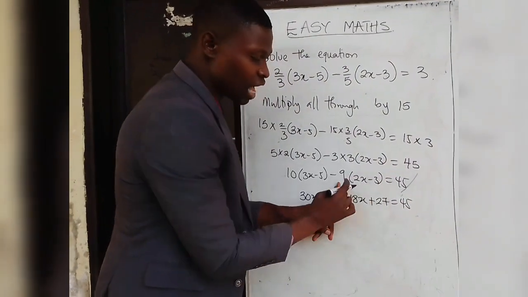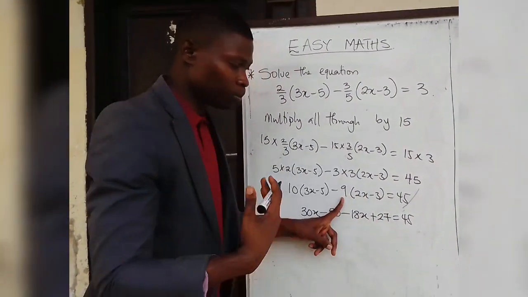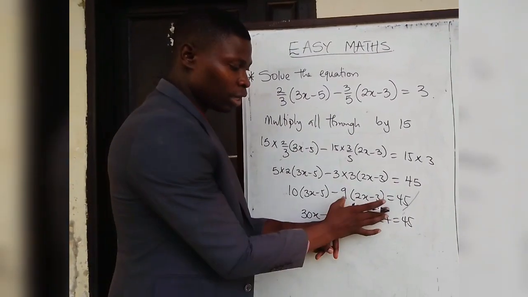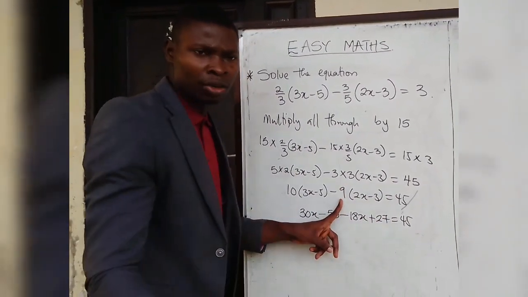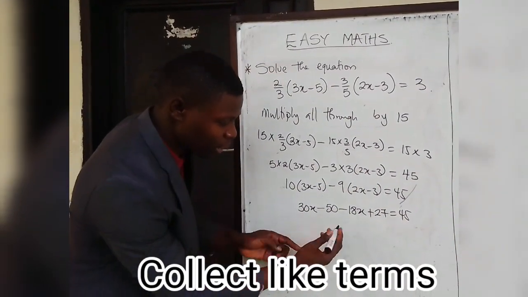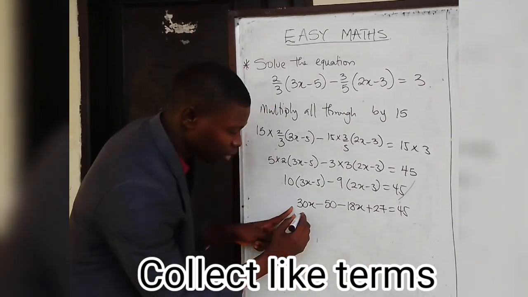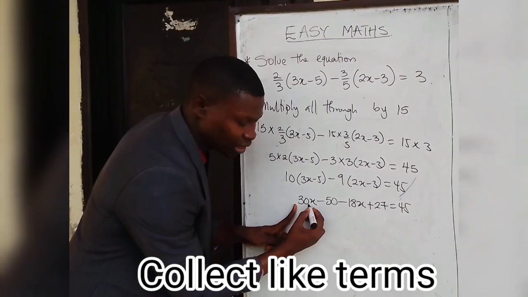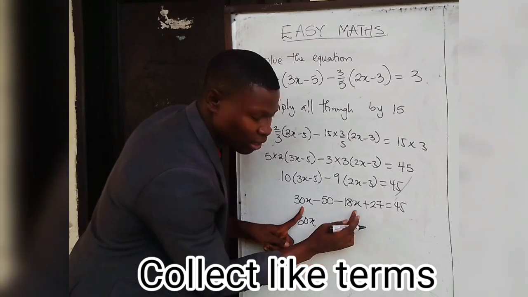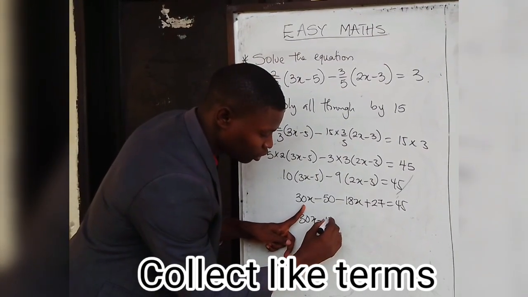If you are still having issues with this, we'll be doing a series of videos to help you out, on directed numbers and then algebra. So we'll move on from here. Now we have to collect the like terms. We have 30x here, and the only other x is minus 18x.